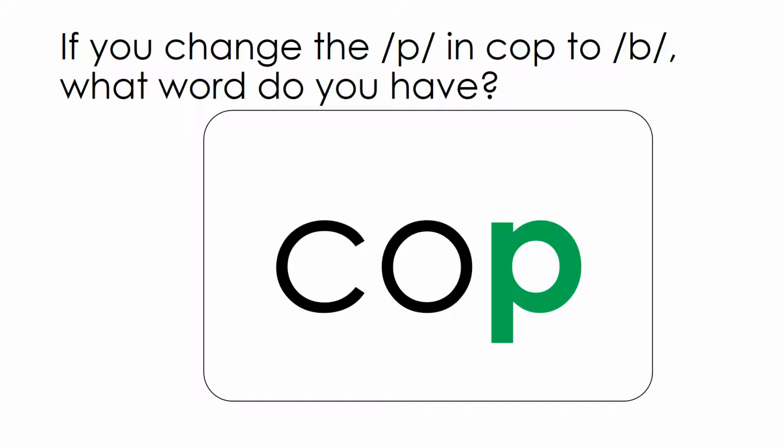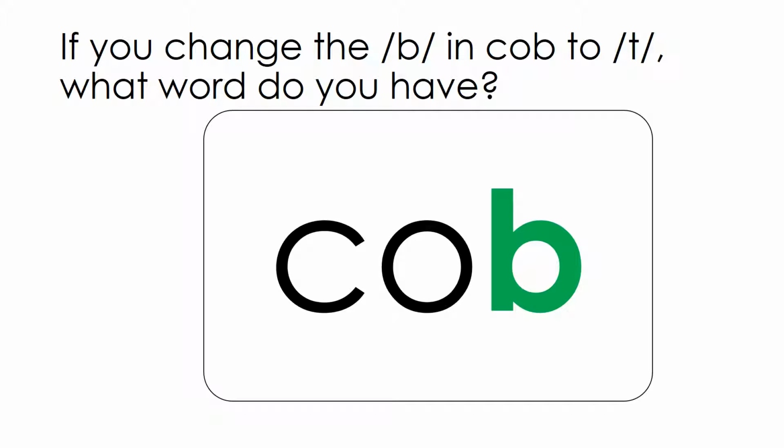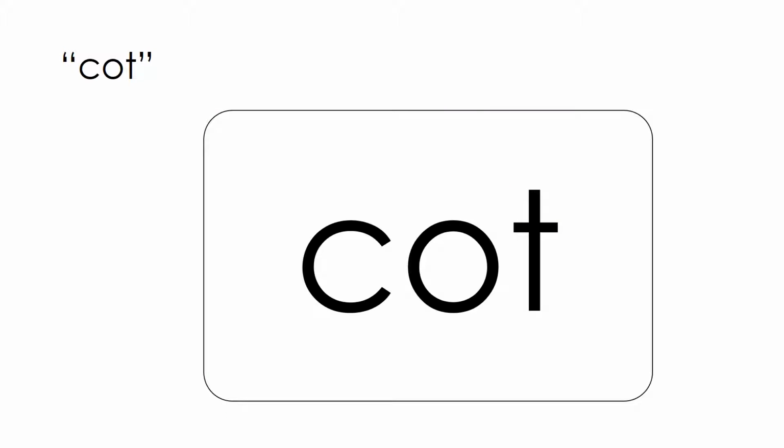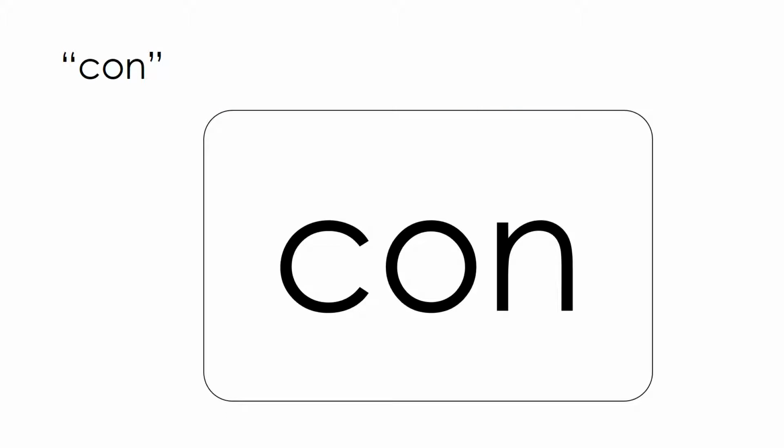If you change the P in cop to B, what word do you have? Cob. If you change the B in cob to T, what word do you have? Caught. If you change the T in caught to N, what word do you have? Con.